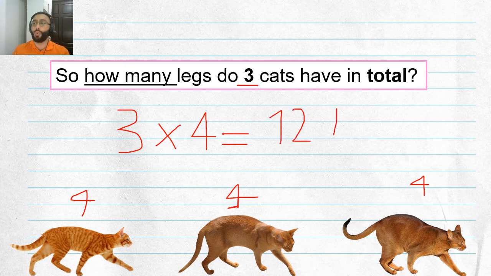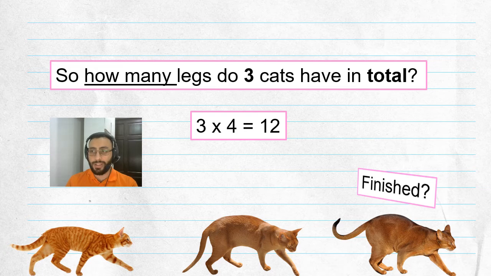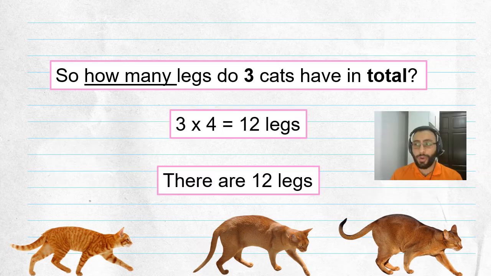So there are 12 legs. See, exactly. 3 times 4 equals 12. Are we finished? No. As I said, we say 12 legs. So there are 12 legs to answer this question.